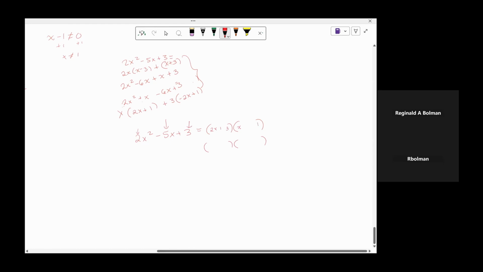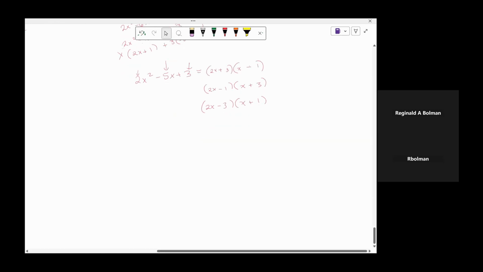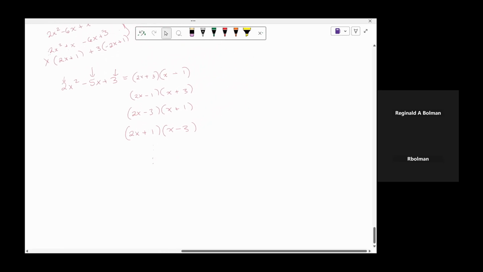So you have a couple of different situations. Either it's going to be 2x plus 3 and an x minus 1. You might have a 2x minus 1 and x plus 3 type situation. You may have a 2x minus 3 and x plus 1. You may have a 2x plus 1 and an x minus 3, something like this. There's going to be a variety of different possibilities that you might have as factors.